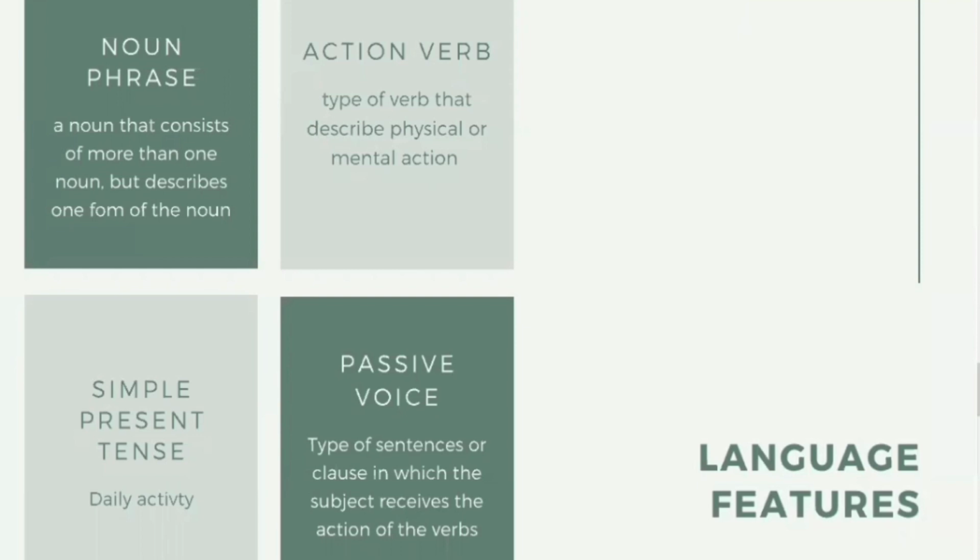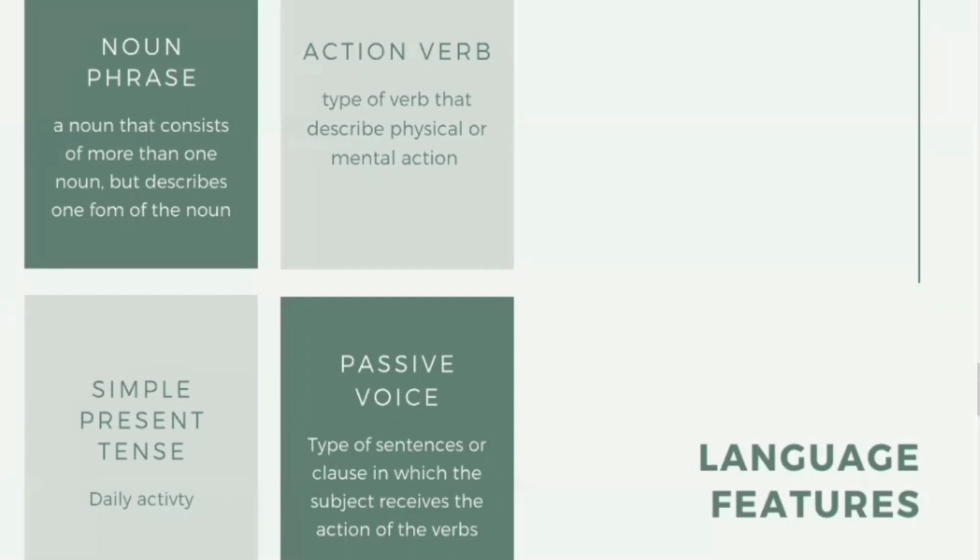The language features of the explanation text: we have four language features. The first is noun phrase. A noun phrase means a noun that consists of more than one noun, but describes one form of the noun. An example of a noun phrase is school bag: school as a noun and bag as a noun.